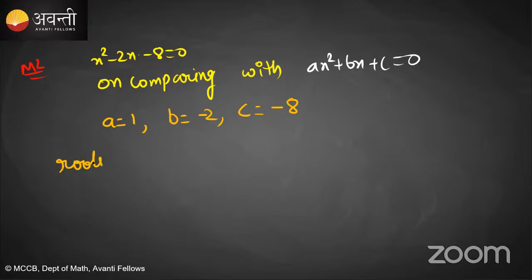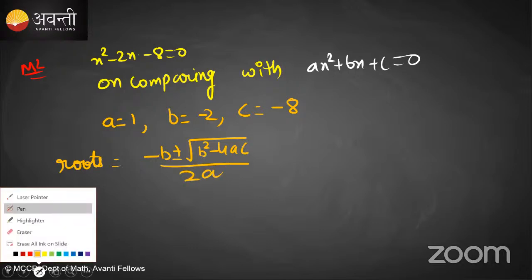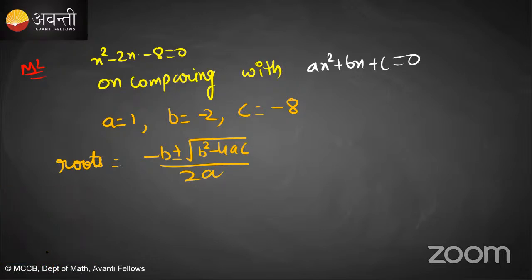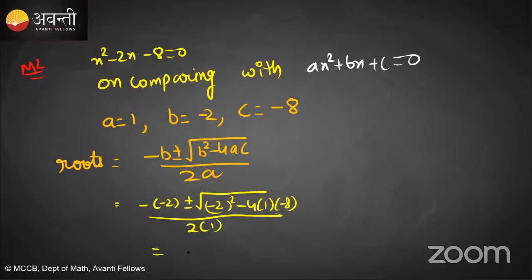So what are your roots? Roots are minus b plus minus under root b square minus 4ac divided by 2a. Simple. Right? So now just substitute the values of a, b, c. So this is 2 plus minus under root 4 plus 32 divided by 2.